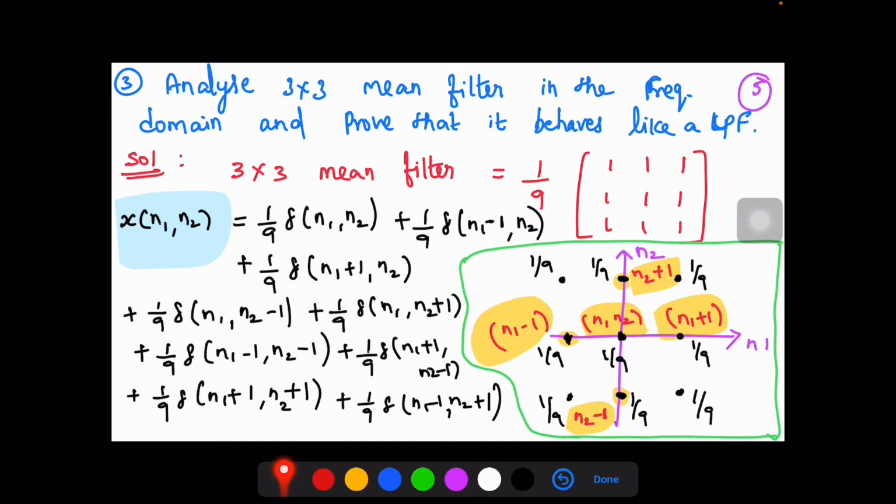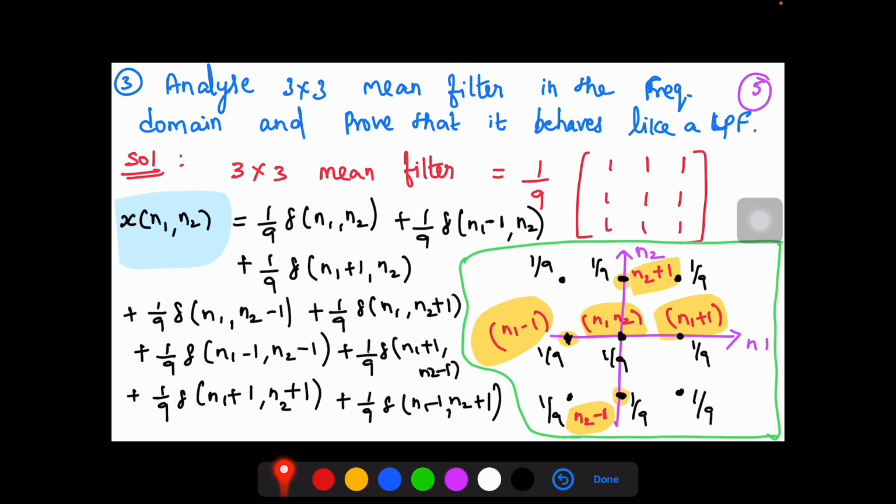The X axis be n1, the y axis be n2, the center point be n1 comma n2, and the one to the right hand side be n1 plus 1 and the point to the left hand side be n1 minus 1, and the point above be n2 plus 1 and the point that's below your center point be n2 minus 1. So using this you will be able to clearly find out the 9 points.